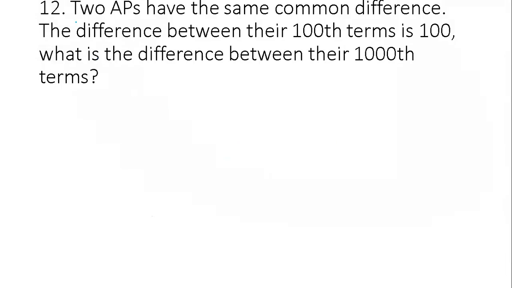Problem. Two APs have the same common difference. The difference between their 100th terms is 100. What is the difference between their 1000th terms? Two APs have the same common difference, D is the same for both APs.